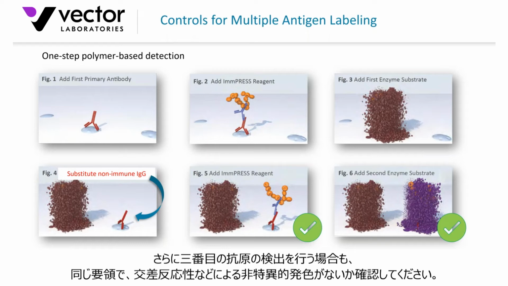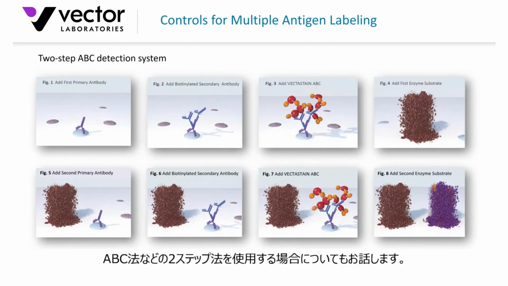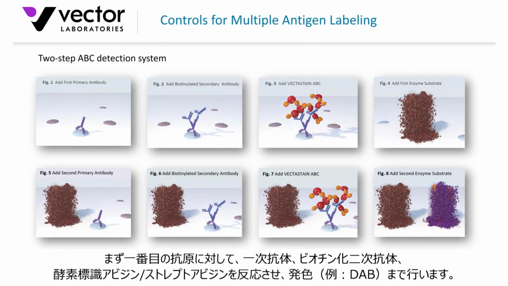And certainly for a tertiary label, if you're going to run that, you'd have to run another series as well in the same manner. All right, so some of you might be applying, say, a two-step methodology or indeed an ABC kit for your double label. So here's your first label up here: first primary, first secondary detection reagent.